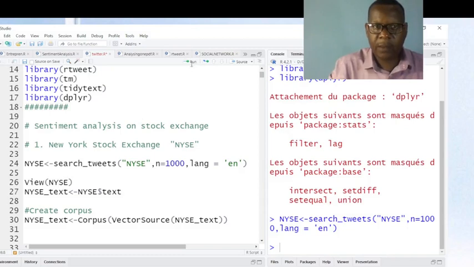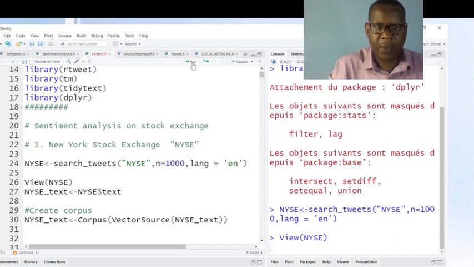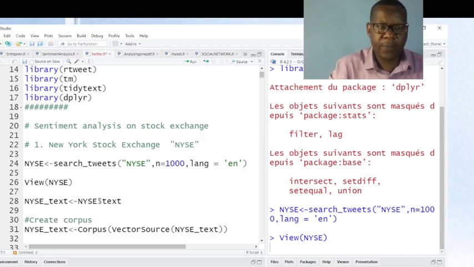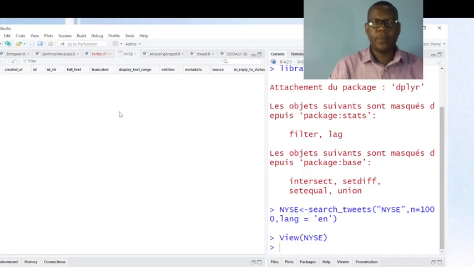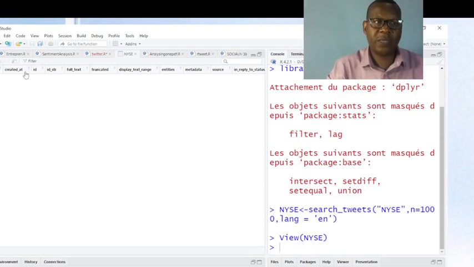Now let's see how they look like. This command visualizes those tweets. Let's run these commands. Now you see, friends, when you download tweets, there is so much information that you can get.